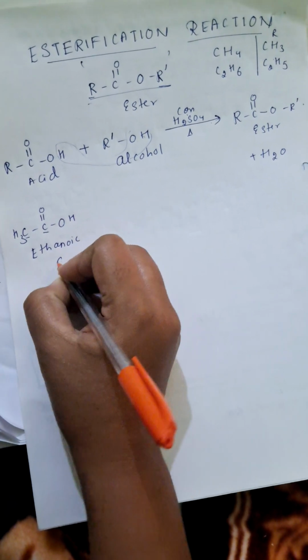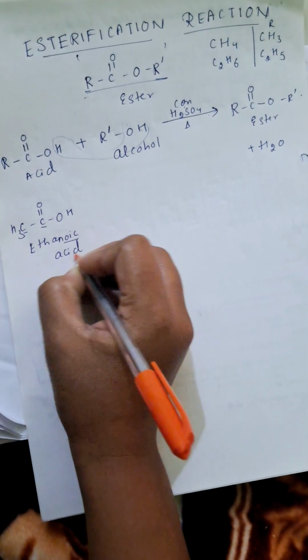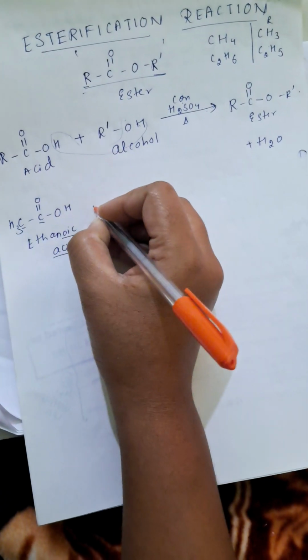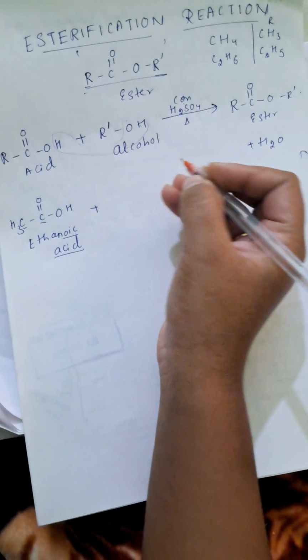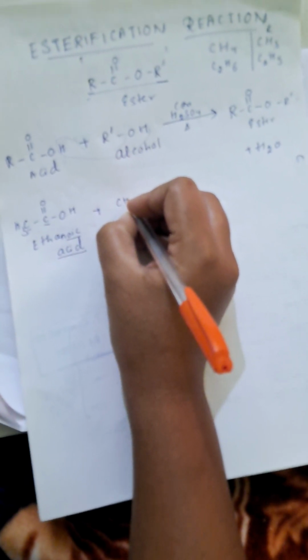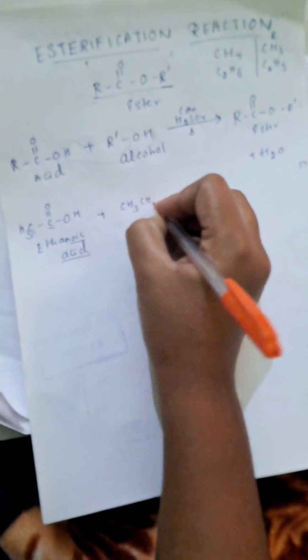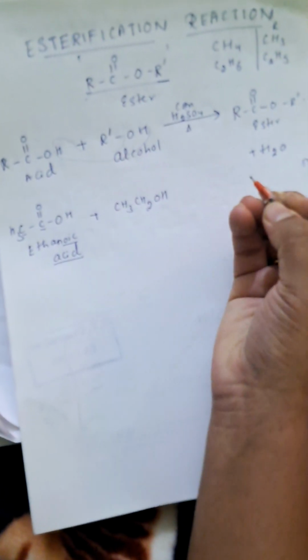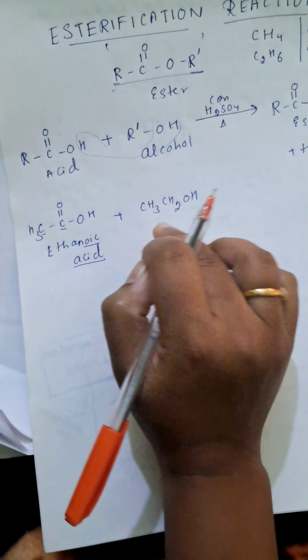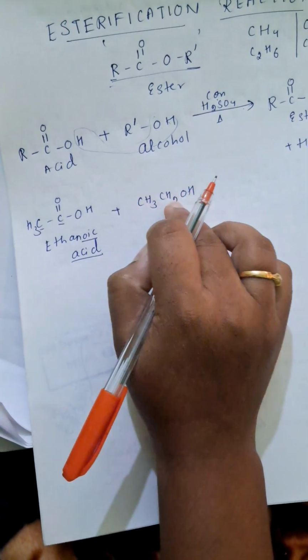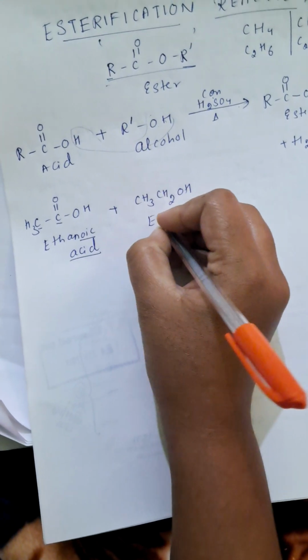It's a carboxylic acid, plus an alcohol. One example for alcohol is ethanol, CH3, CH2, OH, which has two carbon atoms, so it is known as ethanol.